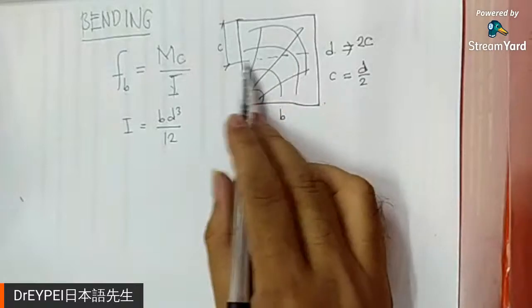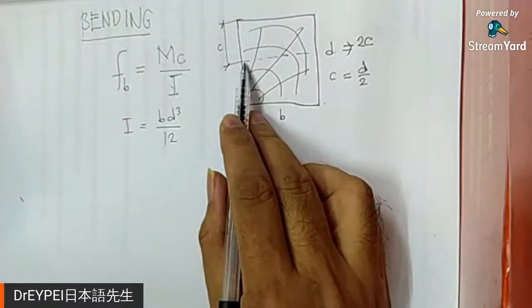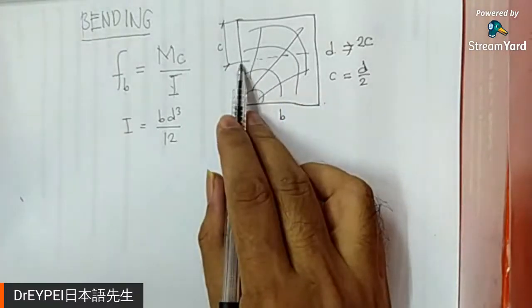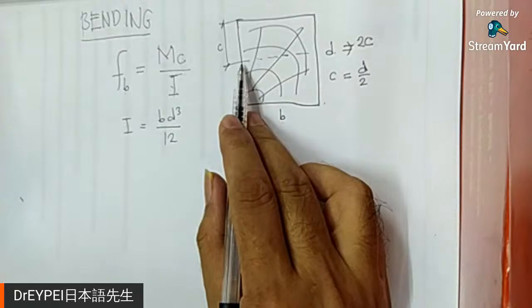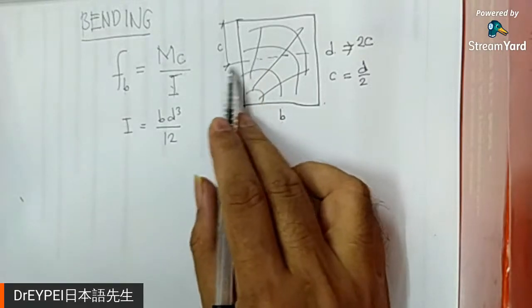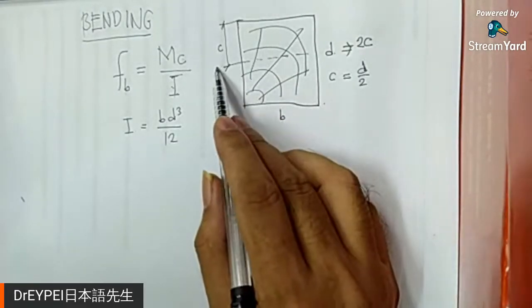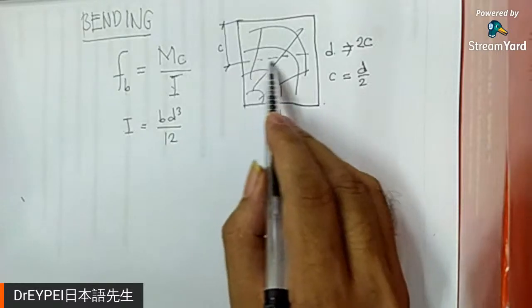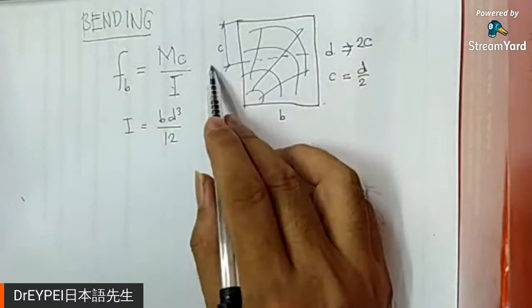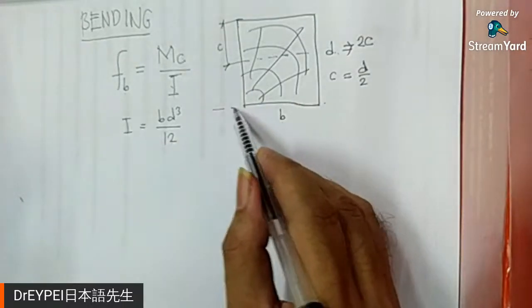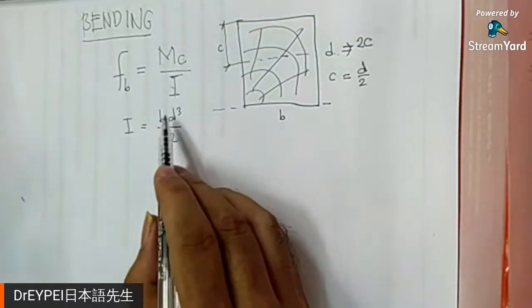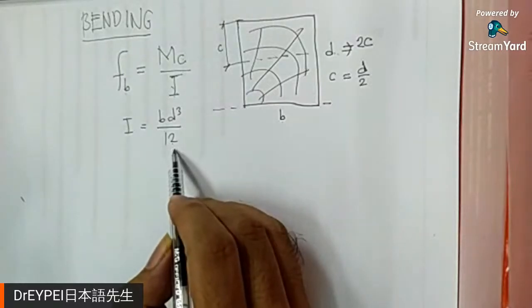Why? Because we are at the what? At the center. Our base line is the center. That's why we are using 12. If we have this as our axis, obviously BD cube over 3.